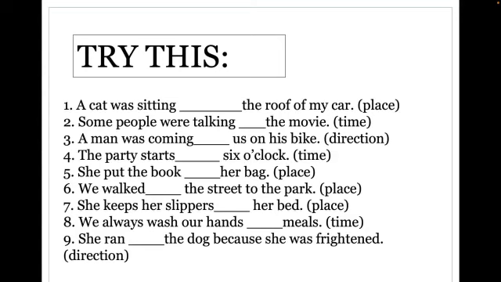She keeps her slippers under her bed. Number eight is a time preposition. We always wash our hands before meals. And number nine is a direction preposition. She ran away from the dog because she was frightened.